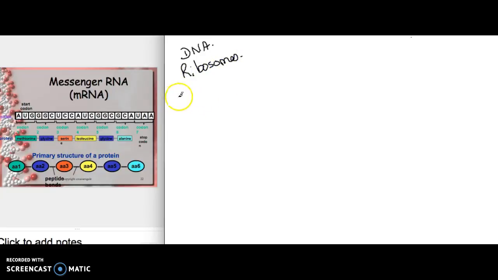The next question is, what is the first step in protein synthesis? It is called transcription. And in transcription, the DNA molecule will unwind and you will have a single molecule. After you have a single molecule, you will make an mRNA. That means the code will be read from that single molecule.